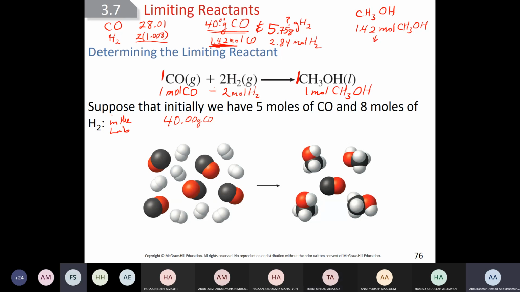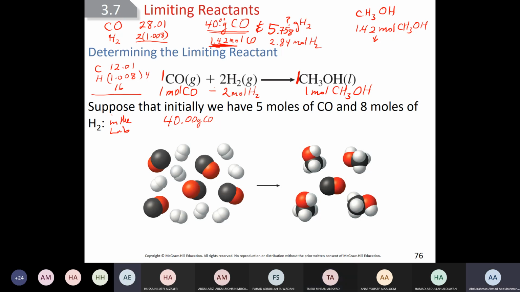Multiply by the molar mass. What's the molar mass of this one? You have the carbon, 12.01, hydrogen is 1.008. Of course, I have to multiply this by 4 plus 16. Add them together, you'll find the mass.